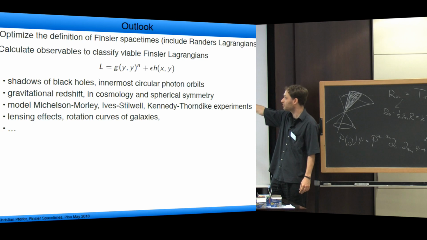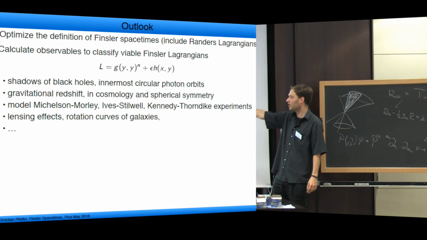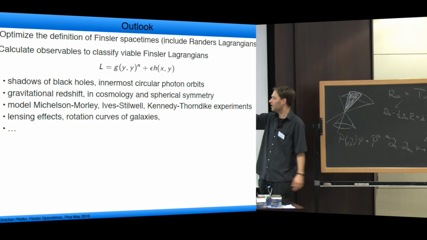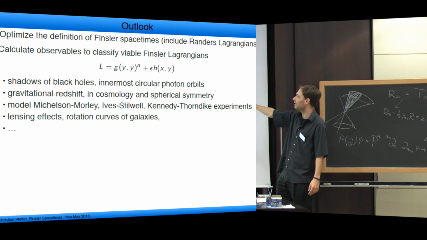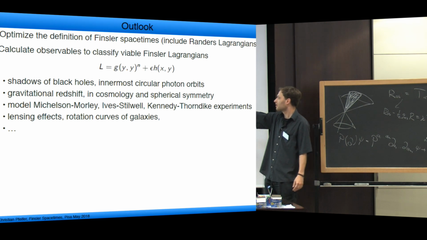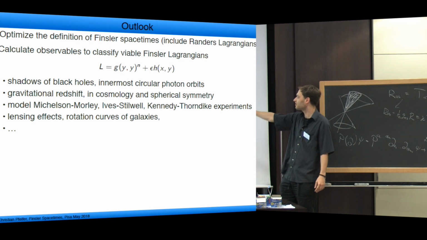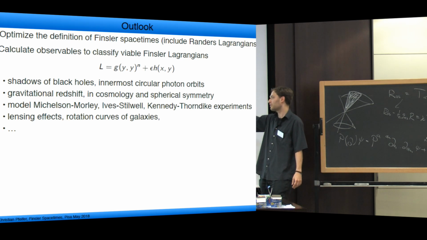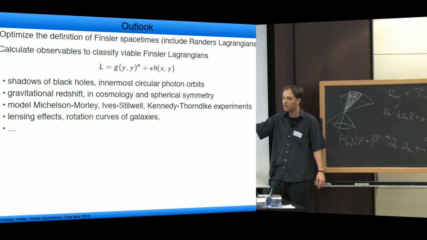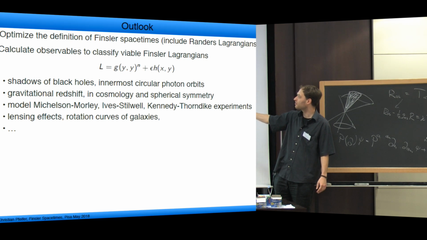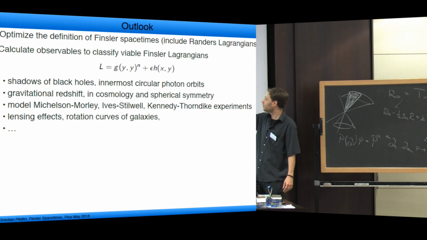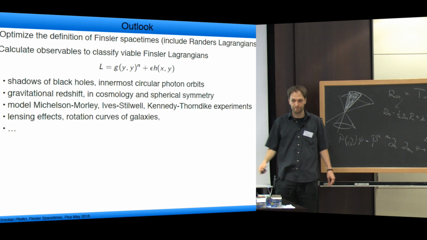So we may look at a first order perturbation and calculate all sorts of observables we have, like shadows of black holes, which are derived from innermost circular photon orbits, gravitational redshift in cosmology and spherical symmetry, then the classical tests of special relativity, Michelson-Morley experiment, Ives-Stilwell, Kennedy-Thorndike, lensing effect, rotation curves of galaxies, and so on, to get conditions on these first order perturbations beyond general relativity, so that we know what these need to satisfy to be viable.